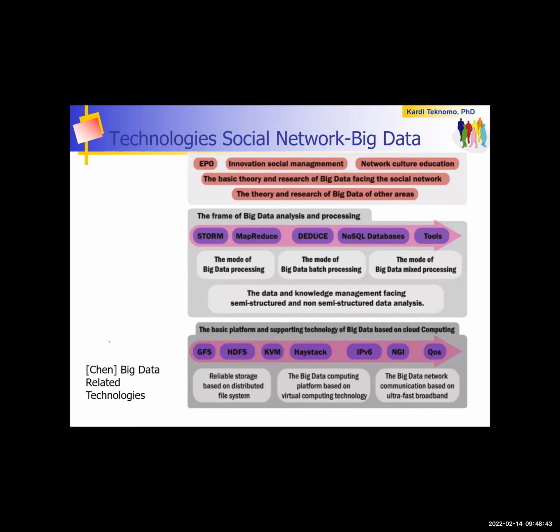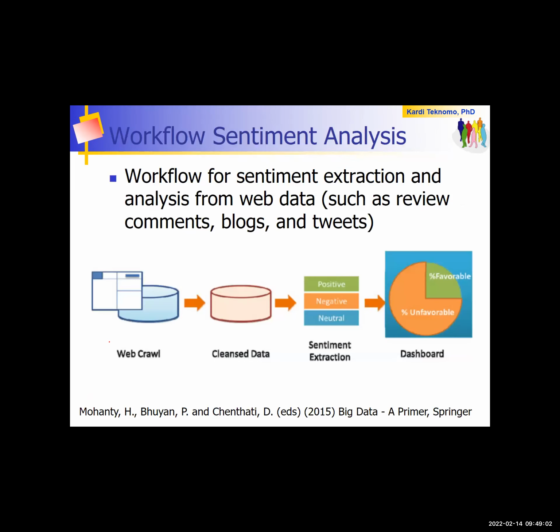These are the strategic layers, and in the middle here is the framework: what kind of database, what kind of analysis you use. You can check all of these terminologies on your own in Google.